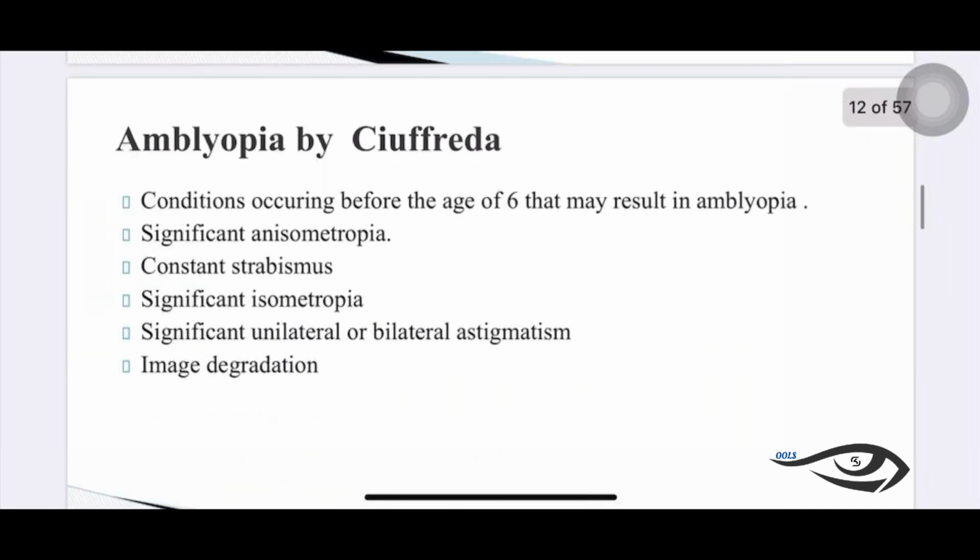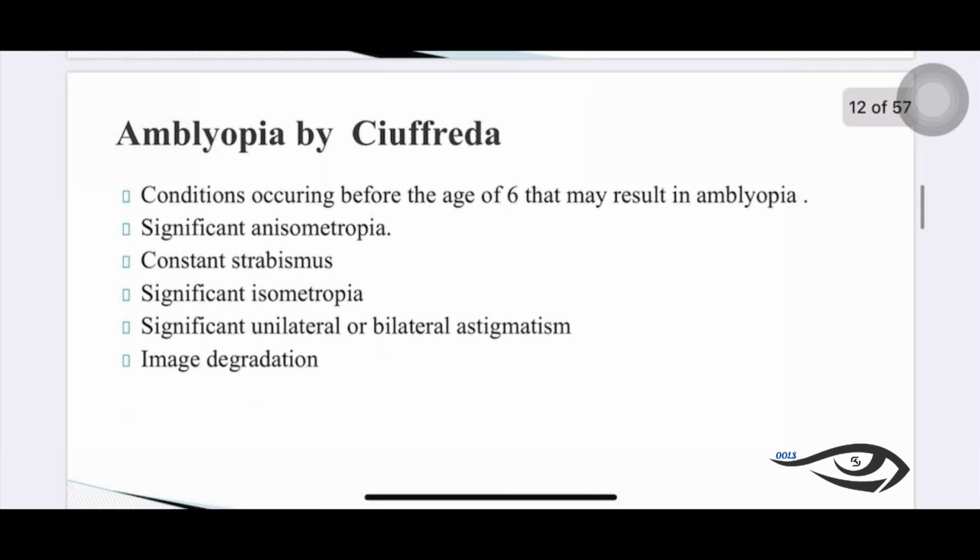Now, Seufareda suggested some criteria that should be there whenever you think about amblyopia. These can be things that occur before the age of 6 years old, which will give you any type of amblyopia.